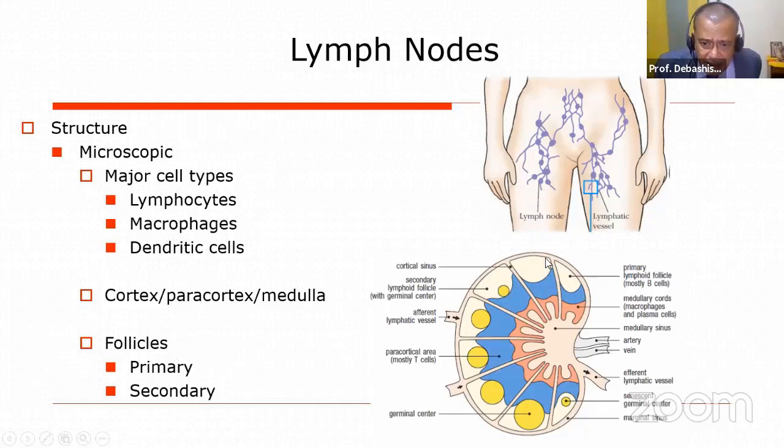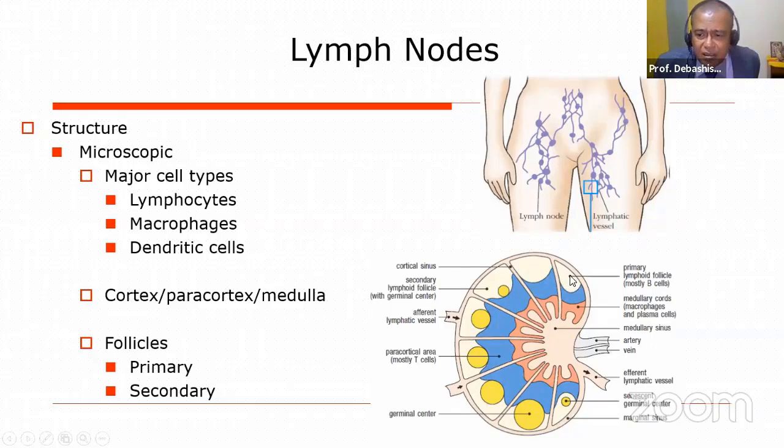And if you see the structure of the lymph node, you can see the cortex here in this light yellow part, the blue part is the paracortical area, and the brownish or pinkish part is the medullary area.